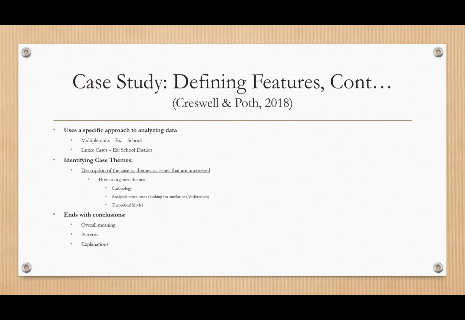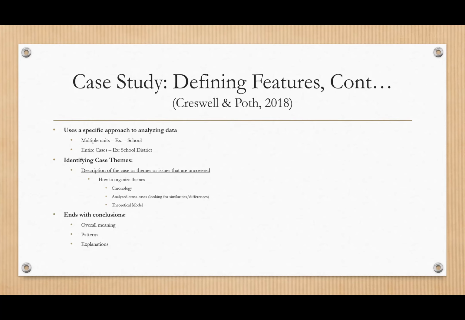Furthermore, in the features, the case study uses a specific approach to analyzing the data. Multiple units could be used. An example of this would be a school, or entire cases could be used. That would be an example of a school district. It identifies case themes. The case themes basically will become uncovered through the research, and a person can organize the themes chronologically.